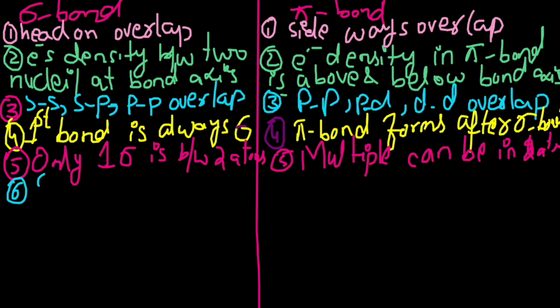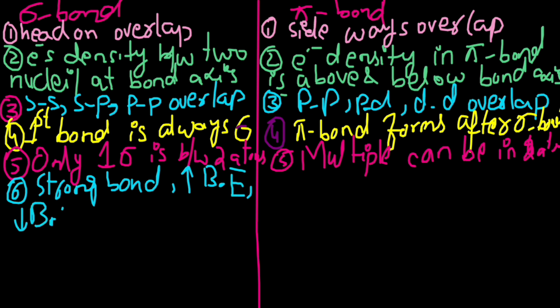Sigma bond is a stronger bond, has high energy. Due to high energy, it has lower bond length, while the pi bond is less strong.